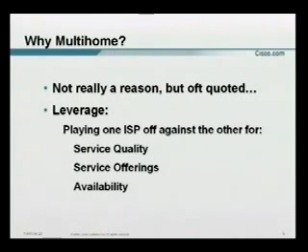End sites will multi-home so that they can play off one ISP against another for service quality, in other words, the reliability of the connection, service offerings even. One ISP may only offer a certain bandwidth of connection, another ISP may offer 5 times that bandwidth, so the customer will go to this other service provider and say, oh, I get a bigger connection, forcing the other one to do something if he doesn't want to lose the revenue. And of course, the magical availability.